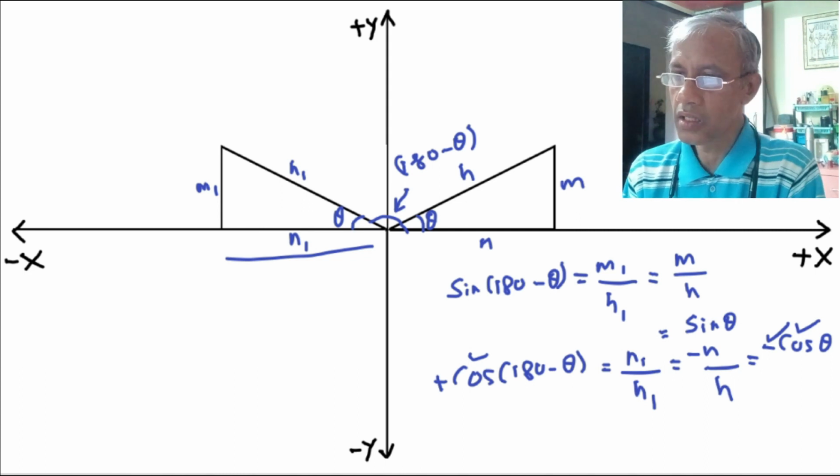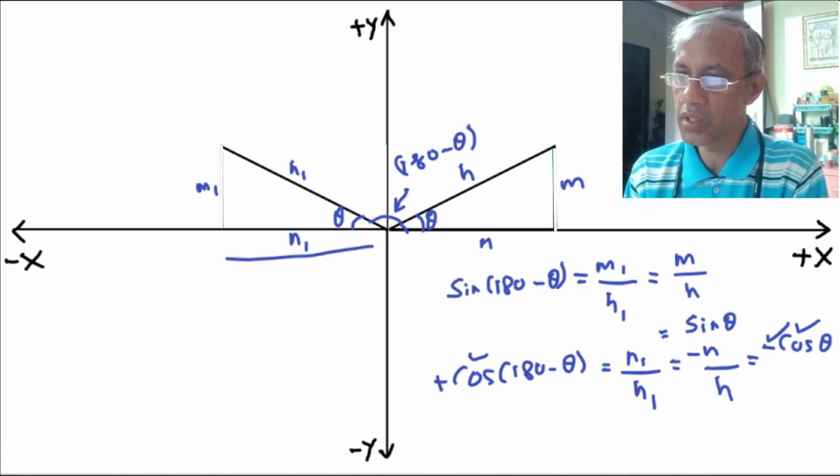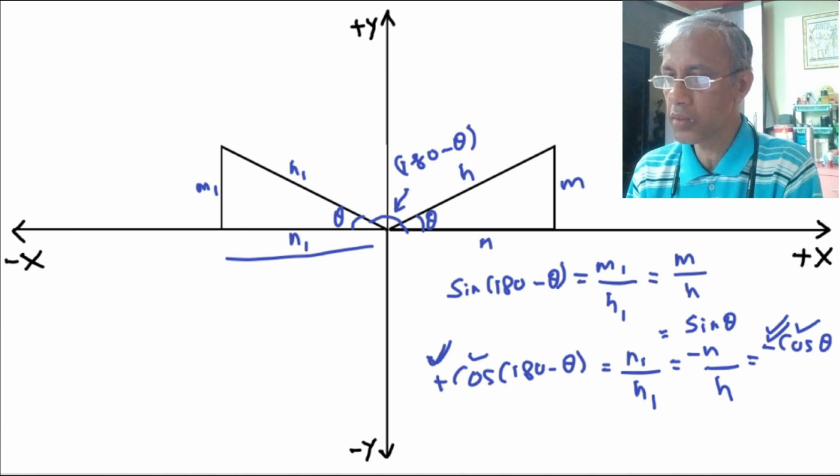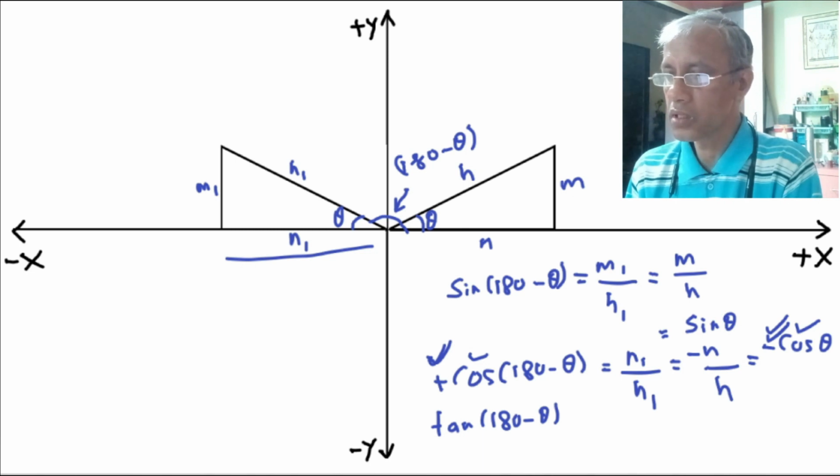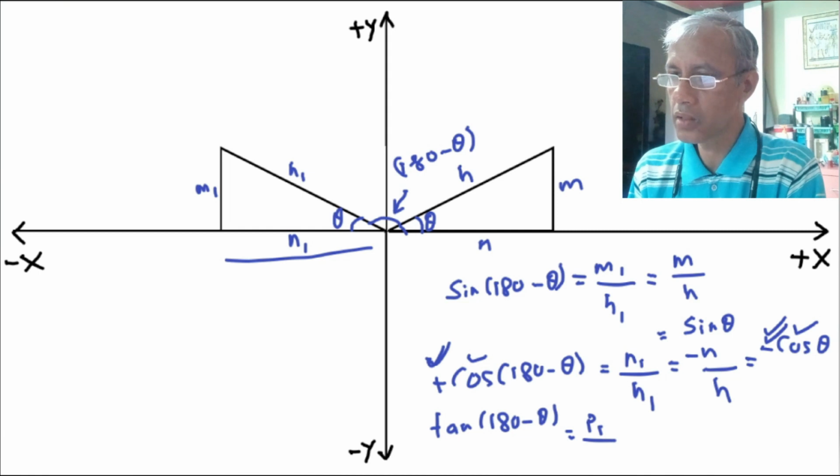In this case, the function never changes as the base remains the base and the perpendicular remains the perpendicular. Of course, there is change in the polarity. For example, the tan of 180 minus theta will be the same tan function, but with the change in polarity.